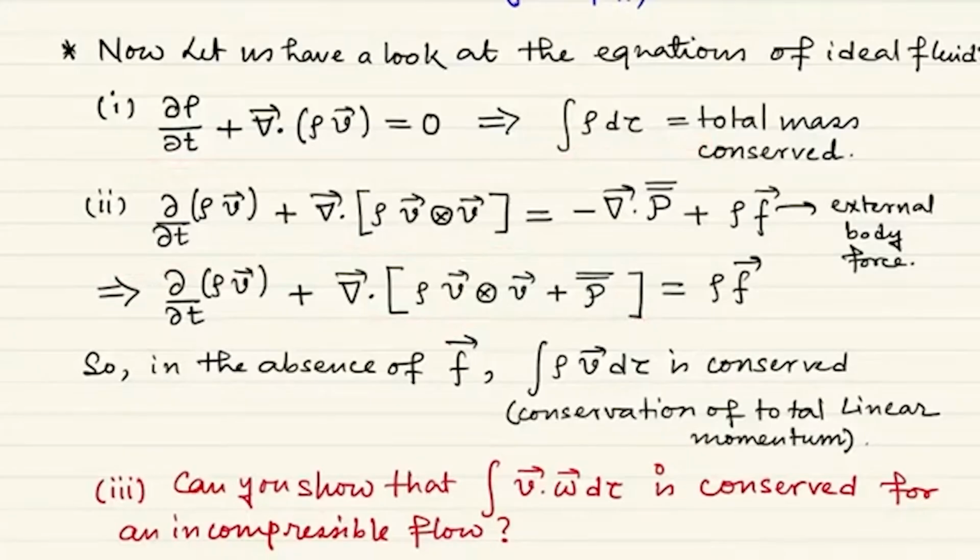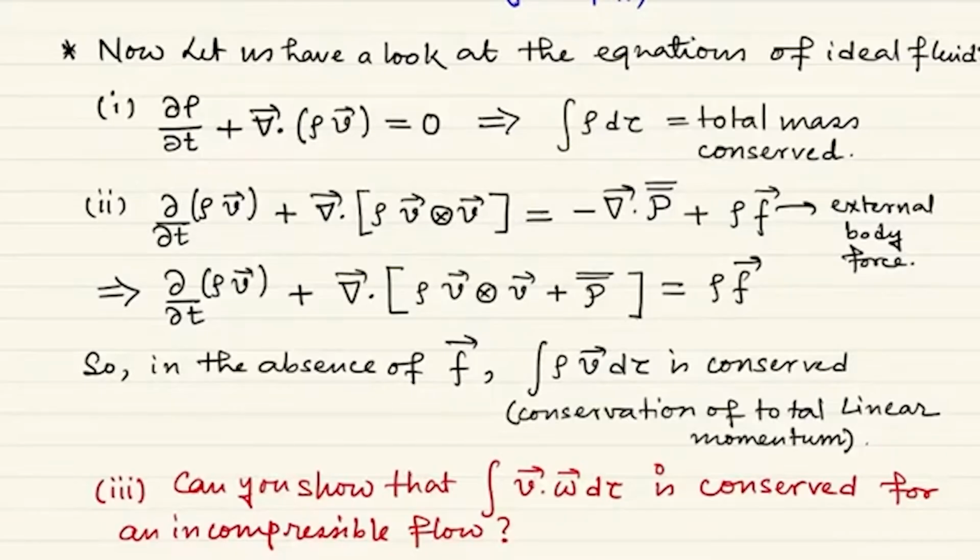Now if we are talking about an ideal plus incompressible fluid, then can you show that the integration over v·ω, where ω is nothing but the curl of v, that v·ω dτ integrated over τ is a conserved quantity?